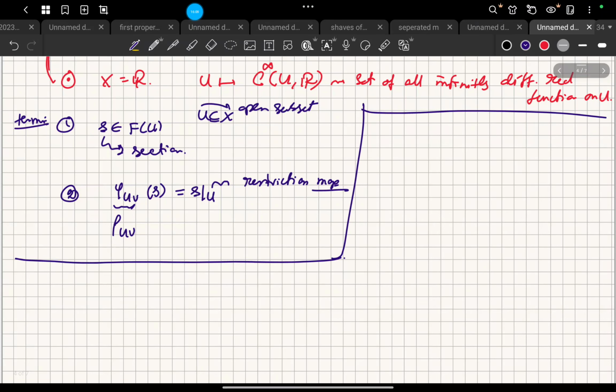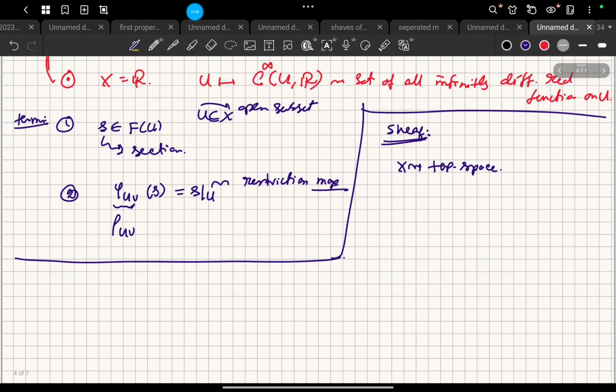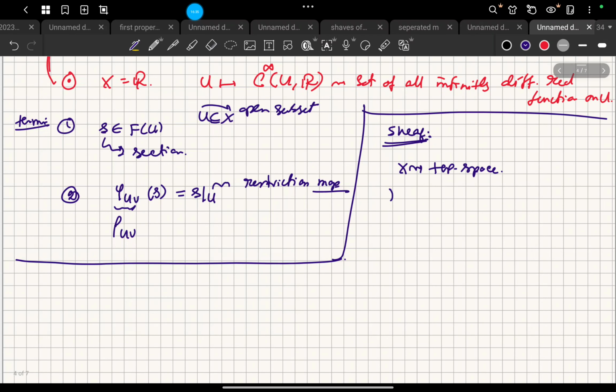Okay. Now, what is a sheaf? A sheaf is a more generalized version of a presheaf. So, for example, suppose X is a topological space and we have a sheaf, let's say F, defined on X. So F from the topological space of X to an abelian group, this is a presheaf.